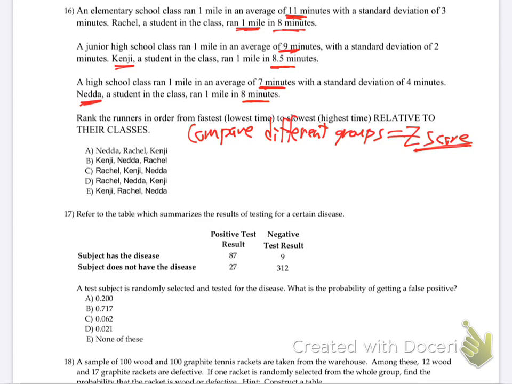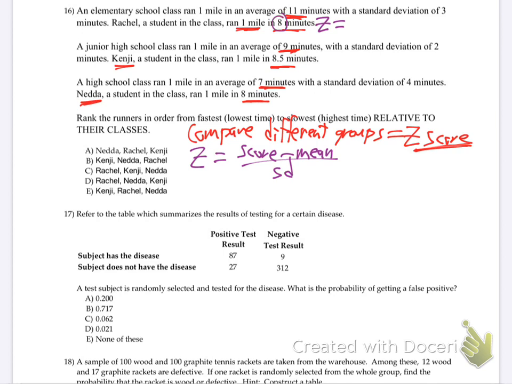So we calculate the Z-score for each of them. For Rachel's group, I'll put the formula down here. The Z-score is your score minus the mean over the standard deviation. So we're going to do it 3 times. For Rachel, what was Rachel's score?